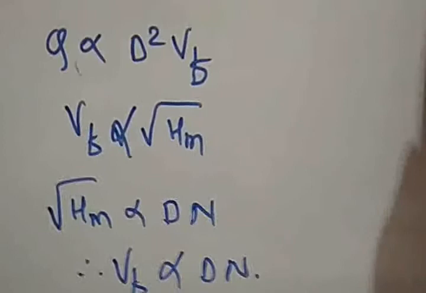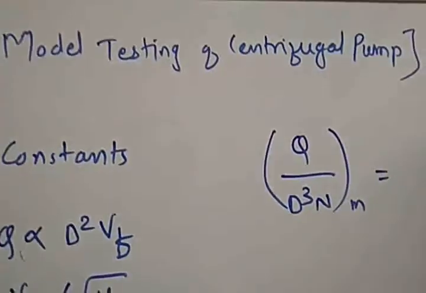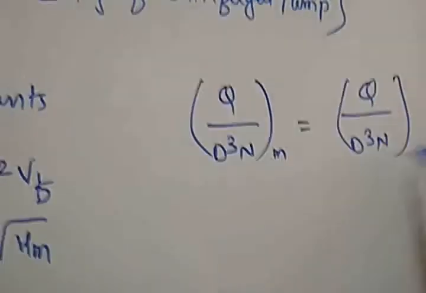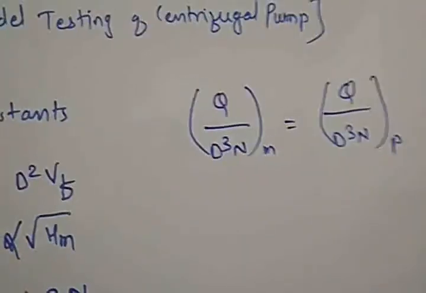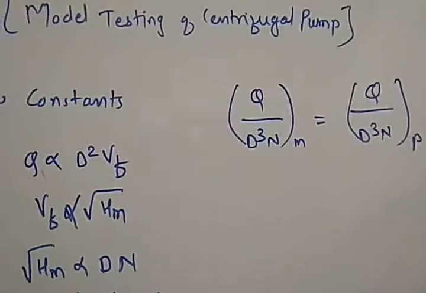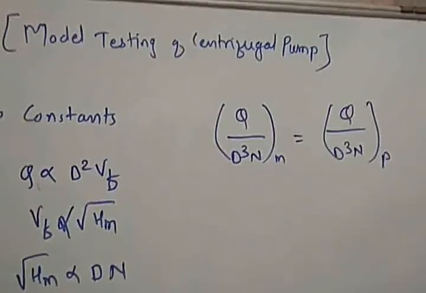So q upon d cube n for model should be equal to q upon d cube n for prototype. This is the third condition which has to be satisfied for getting the exact performance.